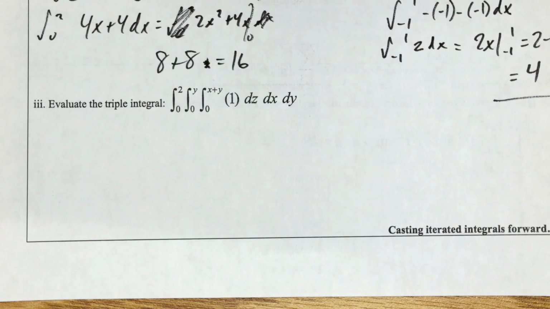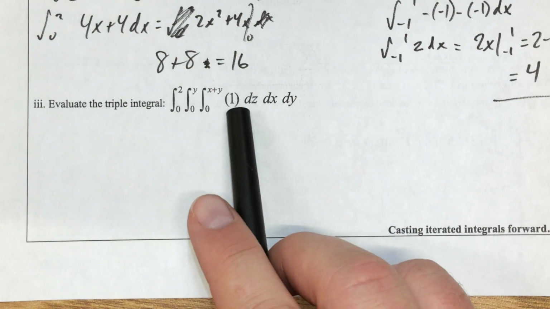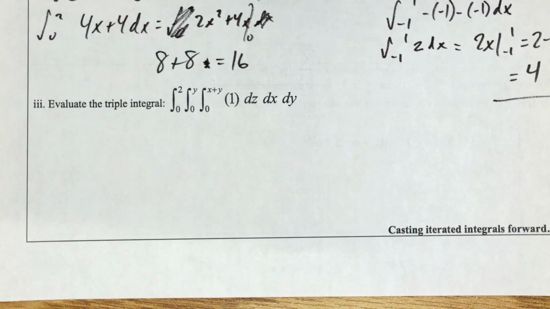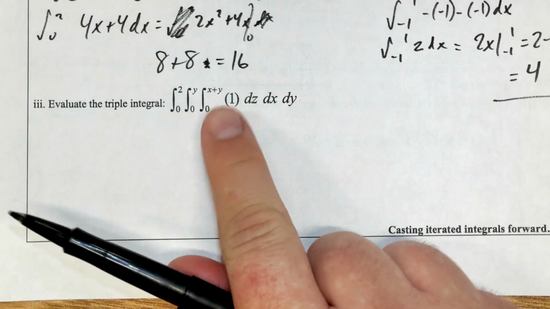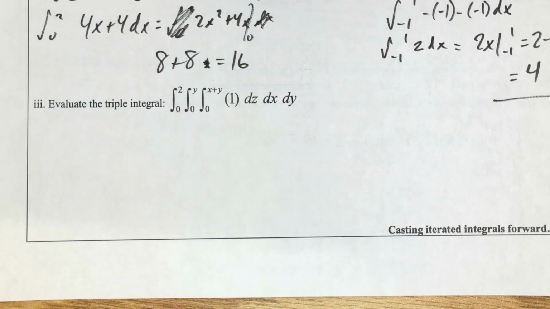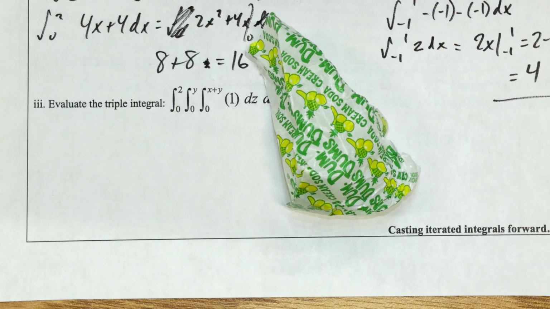Now I have a triple integral, and you're probably saying, well, what's a 4th degree measure that this would give me? Again, I think this one is volume. We can understand why later. The fact that my integrand is 1 means this is the dum-dum wrapper. Let's go back to our friend the dum-dum wrapper.